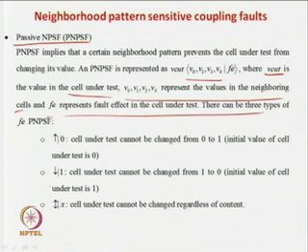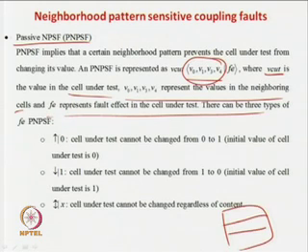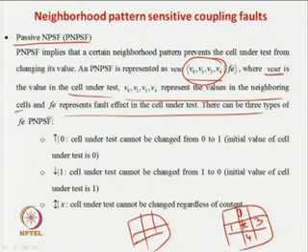It says that due to some pattern over here, these are your cells: 0, 1, 2, 3, 4. This is Fe. Because of some values over here, let us assume all the values are 0.